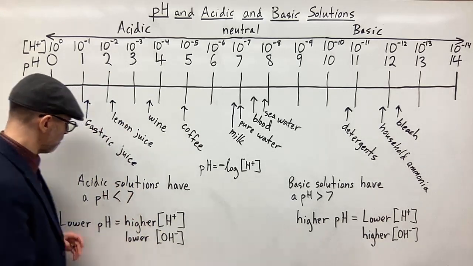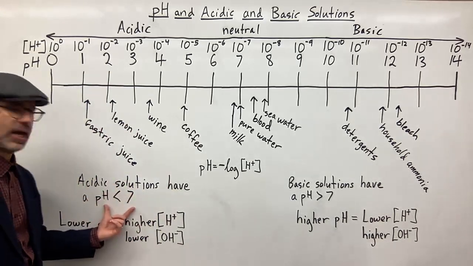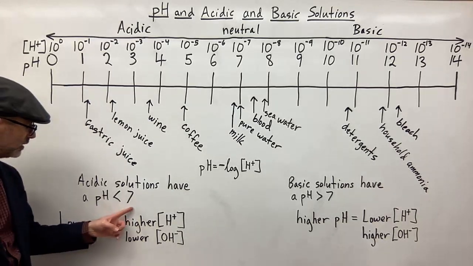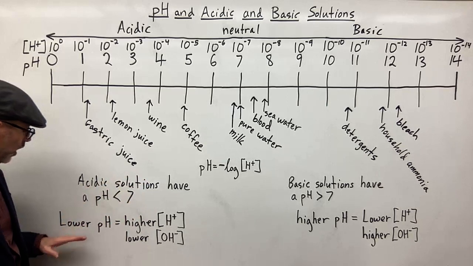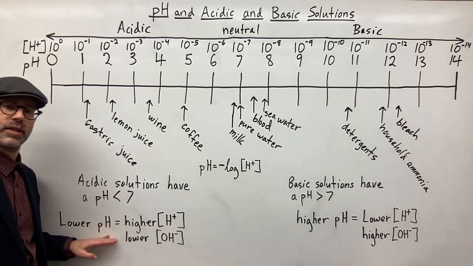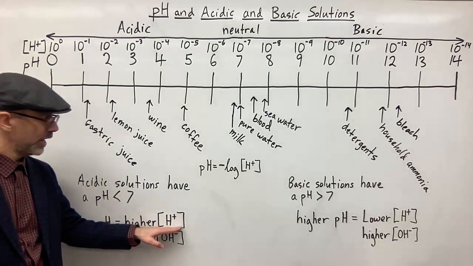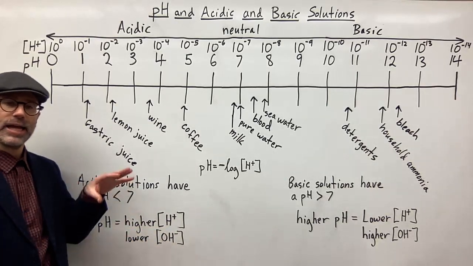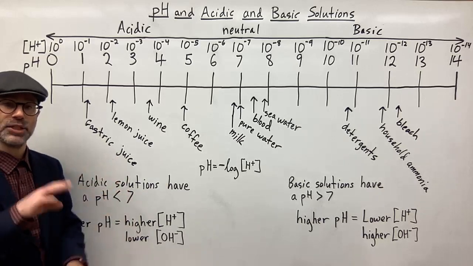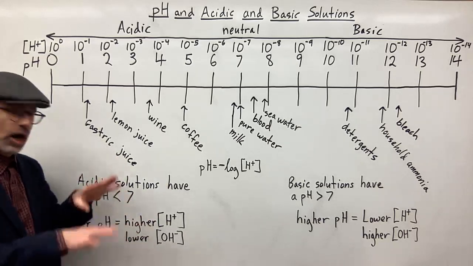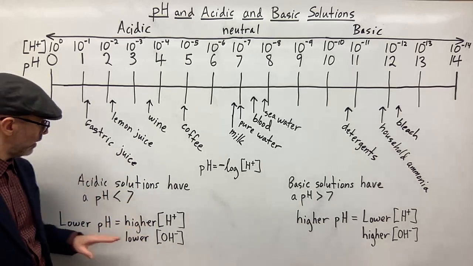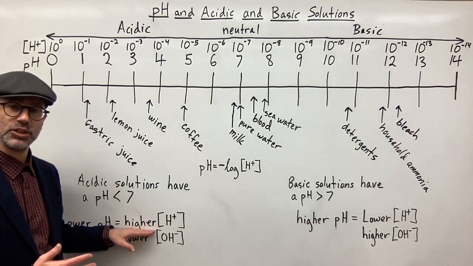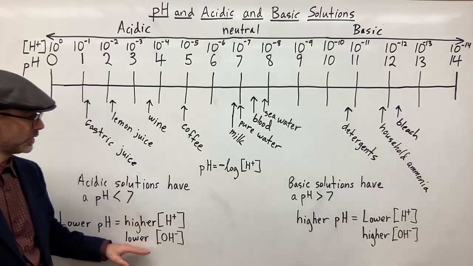Okay, so just to summarize the point here, acidic solutions have a pH of less than 7. Lower pH equals higher H plus concentration, but lower OH minus concentration. Remember, H plus and OH minus go in opposite directions. The lower the pH, the higher the H plus concentration and the lower the OH minus concentration.